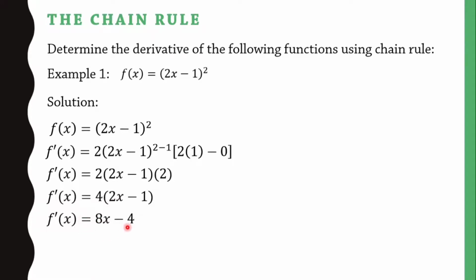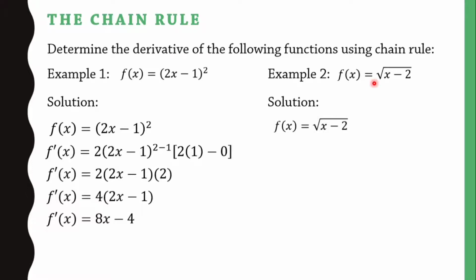Second example, we have f of x equals square root of x minus 2. To solve the derivative, take note, we can express square root of x minus 2 as x minus 2 raised to 1/2. Now, we use the chain rule to solve for the derivative.